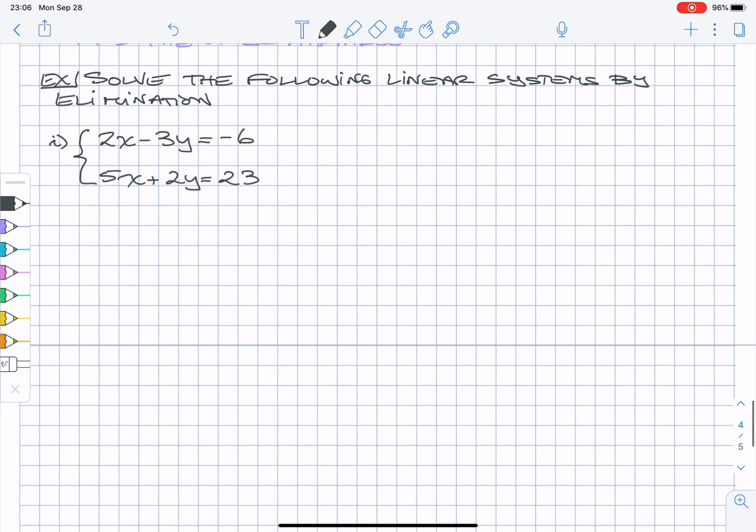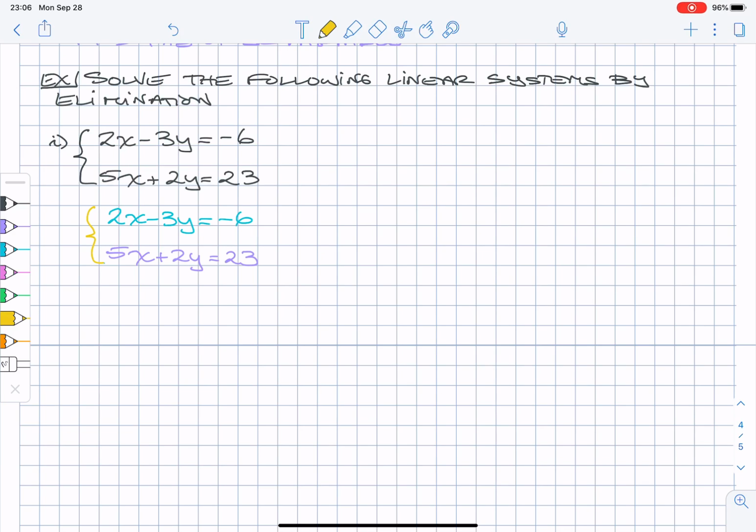Okay, so what I'm going to do, I'm going to rewrite the system. 2x minus 3y is negative 6. And let's do 5x plus 2y is equal to 23. Okay, so let's say I want to eliminate x.